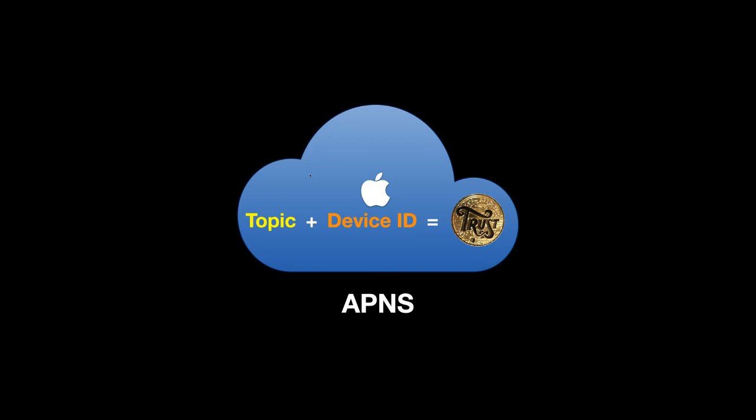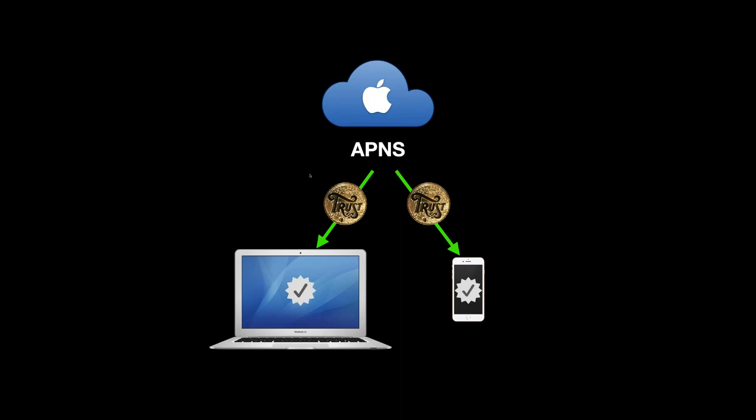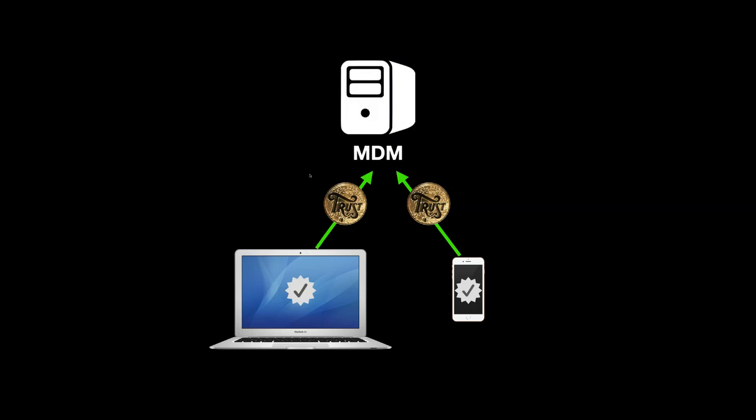APNS will then generate a token based on the combination of the device ID and the MDM topic. And once APNS has generated that token, it's sent down to the device. Once the token is sent to the device by APNS, the device then forwards it to the MDM server. Once the MDM server has it, the token is associated with the MDM's record for that device.